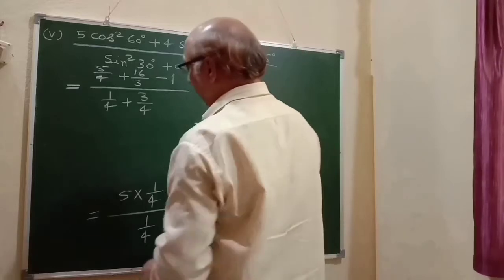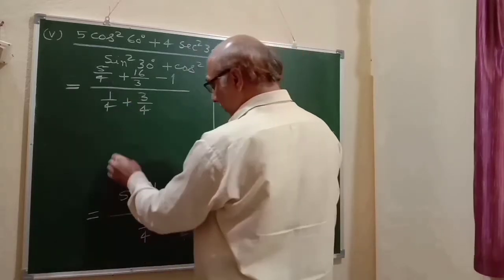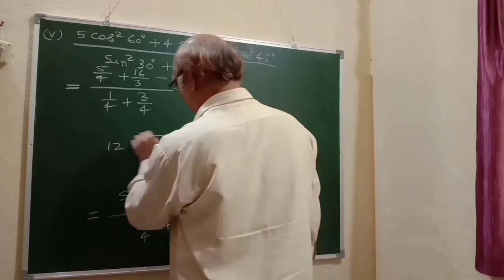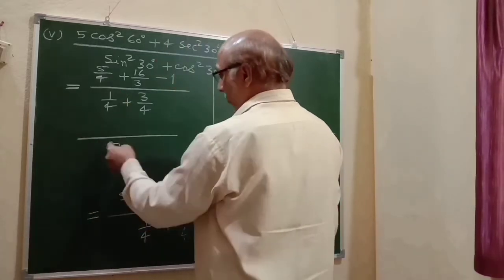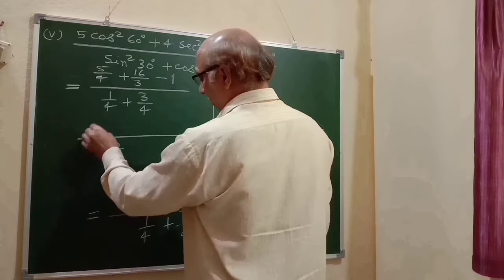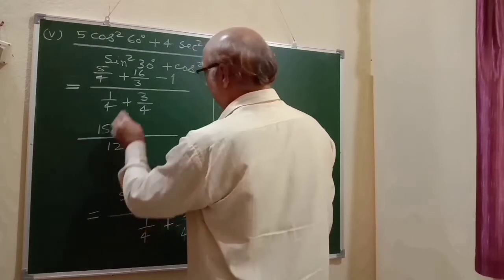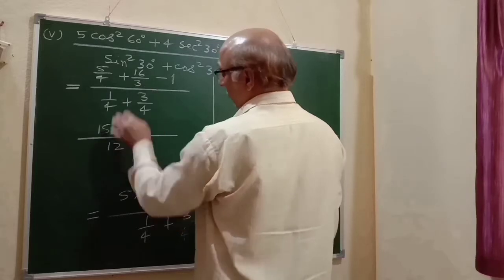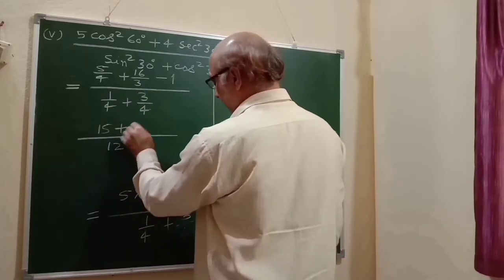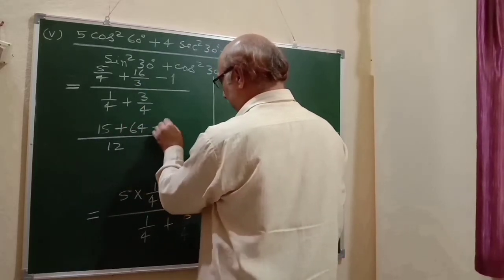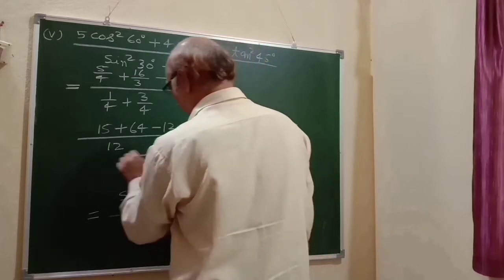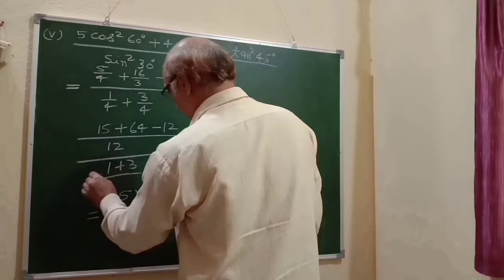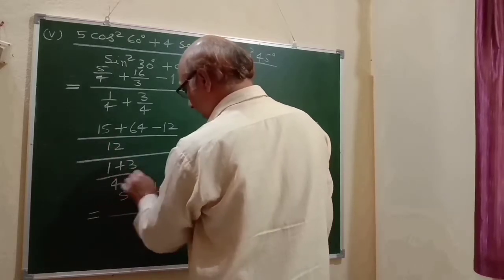And here taking the LCM of the numerator we get 12. 4 threes are 12, 5 threes are 15, plus 3 fours are 12, 16 fours are 64, minus 12, by 1 plus 3, and the LCM of the denominator is 4 here.